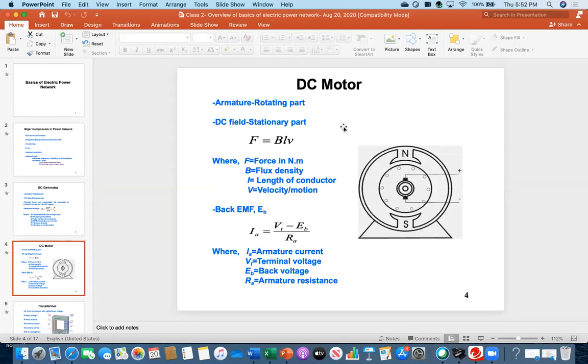In any case, whether it is a DC generator or an AC or synchronous generator, it will produce voltage, and you have to provide mechanical input power, which means mechanical rotation. But in the case of a motor, you need electrical input and then it will provide mechanical output. That is the basic difference between motor and generator.